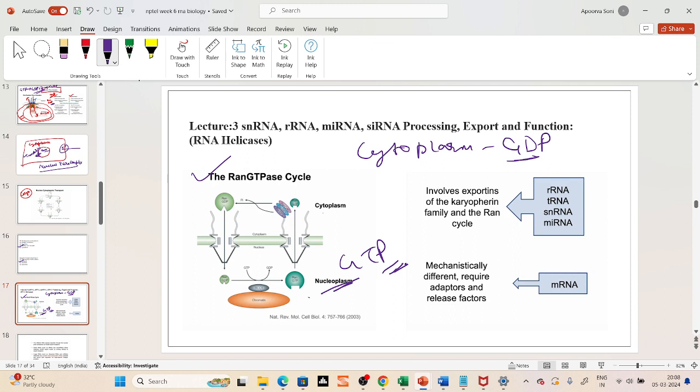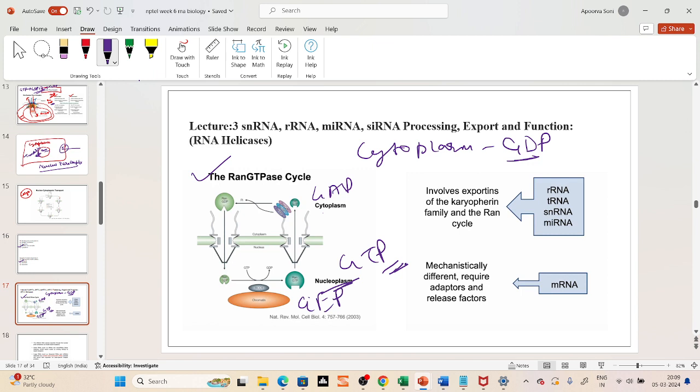And then inside again, this RAN GDP, with the help of guanine nucleotide exchange factor GEF, this GDP would be replaced by GTP, and then again it will form RAN GTP. Then RAN GTP, when it crosses the membrane, will go to the cytoplasm again because of the GAP. So here GAP is there and here GEF is there.